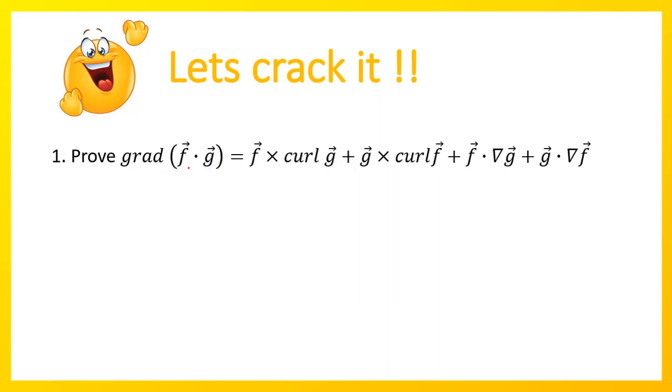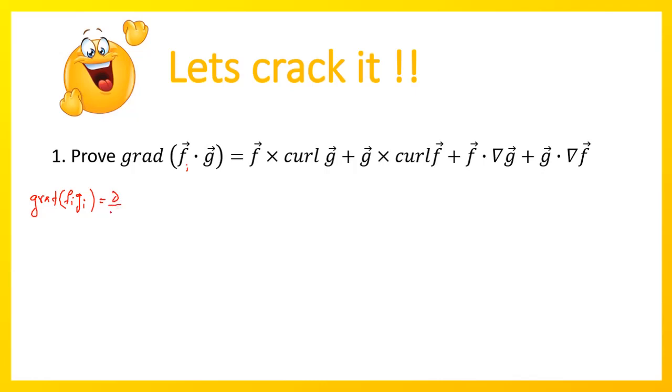We have to first choose on what index it should be acted upon. Therefore, let us choose the ith term. Therefore, we can write the first term as gradient taken over fi gi. So fi gi here becomes a scalar. Now, when gradient acts upon a scalar, we know that the answer should be a tensor.